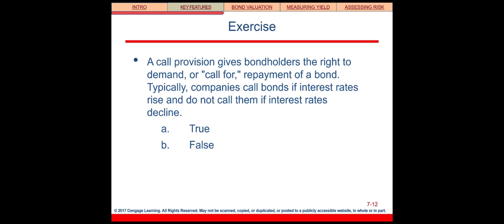Why is that? If the interest rate is declining, it means that the interest rate was high and now it's going lower.